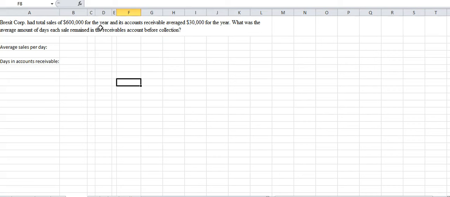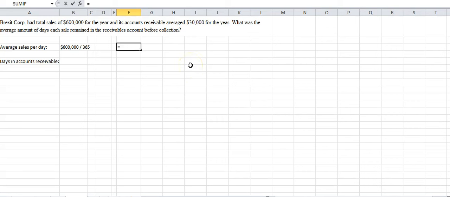Okay. So, first thing you want to do is calculate the average sales per day. So the average sales per day is going to be equal to 600,000 divided by 365.